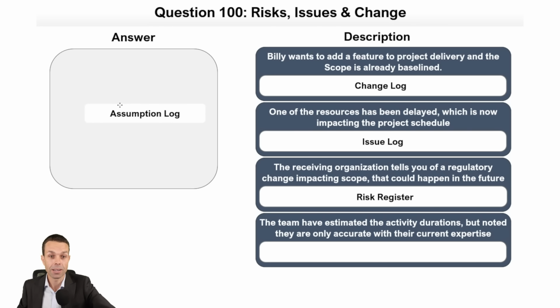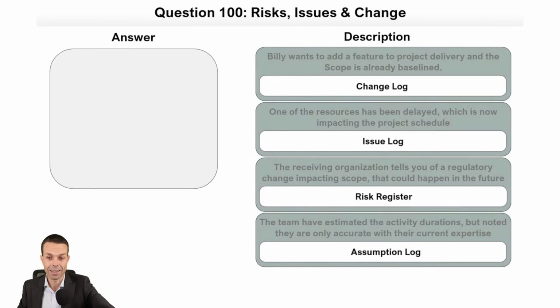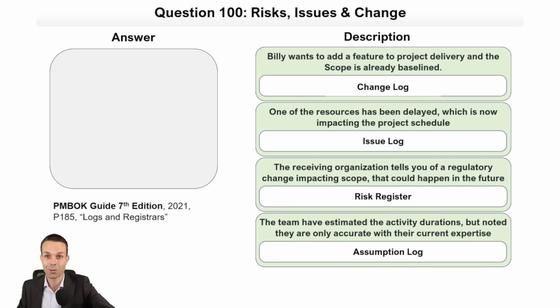They are using assumptions, so making sure that we note those assumptions in the assumption log, and let's check those answers. They've come through as correct. Wonderful stuff. Page 185 under logs and registers. Yeah, I think that's correct. PMBOK Guide 7th edition, 2021, if you want to check that out for yourself.